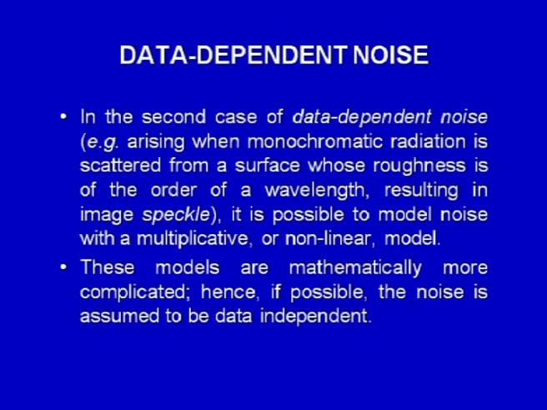It is possible to model noise with a multiplicative or a non-linear model. These models are mathematically more complicated, hence if possible the noise is assumed to be data independent.